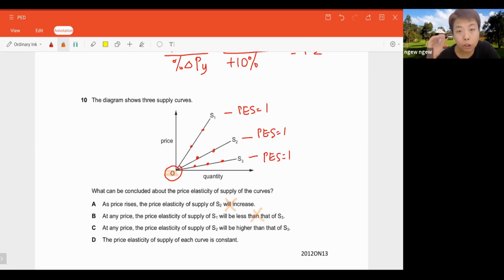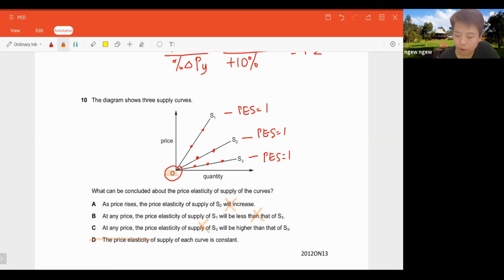As mentioned just now, regardless of the gradient, your PES is always equal to 1, so there is nothing called more than or less than. At any price, PES of S2 will be higher than... again, although the gradients seem different, because they are all connected to the origin, connected to O, the PES will always equal 1 regardless of which curve. So there is nothing called higher or lower.